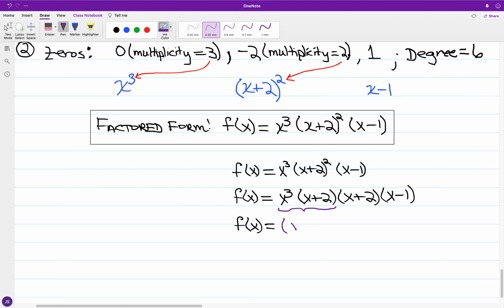I'm going to have x cubed times x, which would be x to the 4th, plus 2x cubed, and for x plus 2 times x minus 1, if I go ahead and FOIL this out, I have x squared, minus x plus 2x, so that's going to be plus x, and 2 times negative 1 is going to be a negative 2.